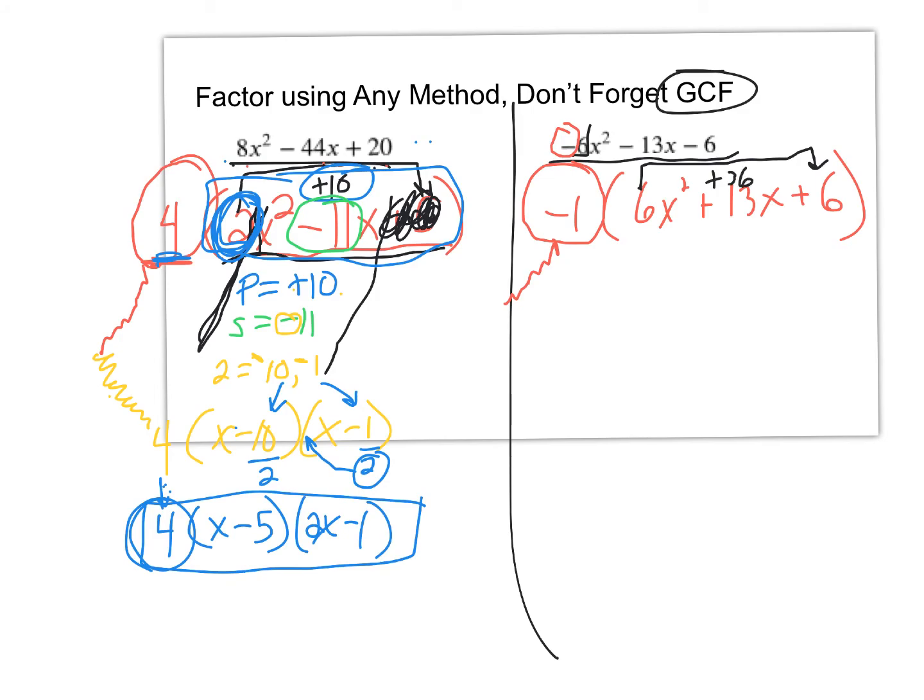Okay. So, I'm going to do negative. Actually, no, I'm not going to do that just as yet. Let me get rid of that. So we're going to do 6x squared dash x plus 6. Okay, and we're going to do our PS2. Product, positive 36. Our sum is positive 13.